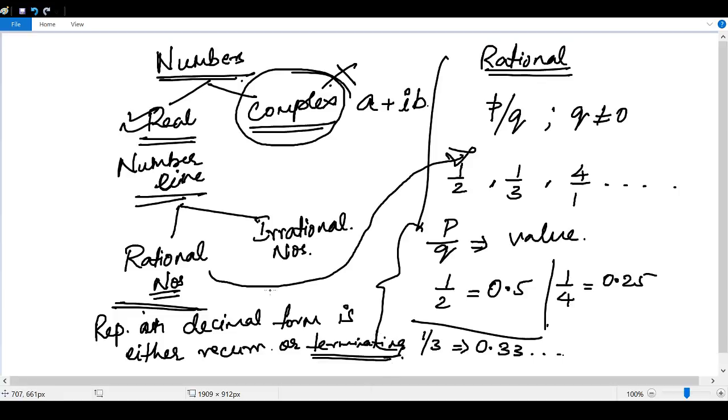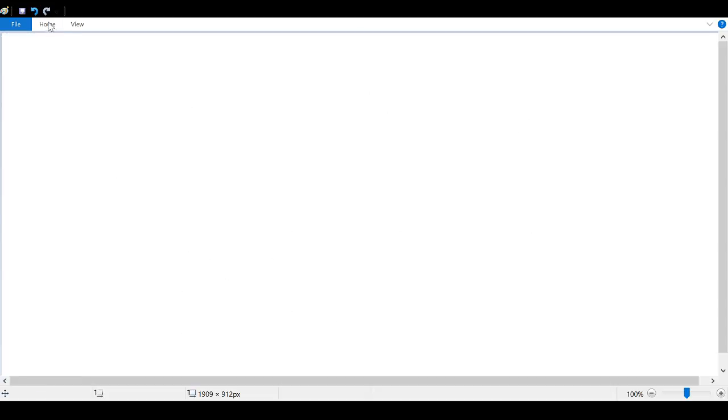So that's a rational number. Any number in the p by q form which is either recurring or terminating is a rational number.